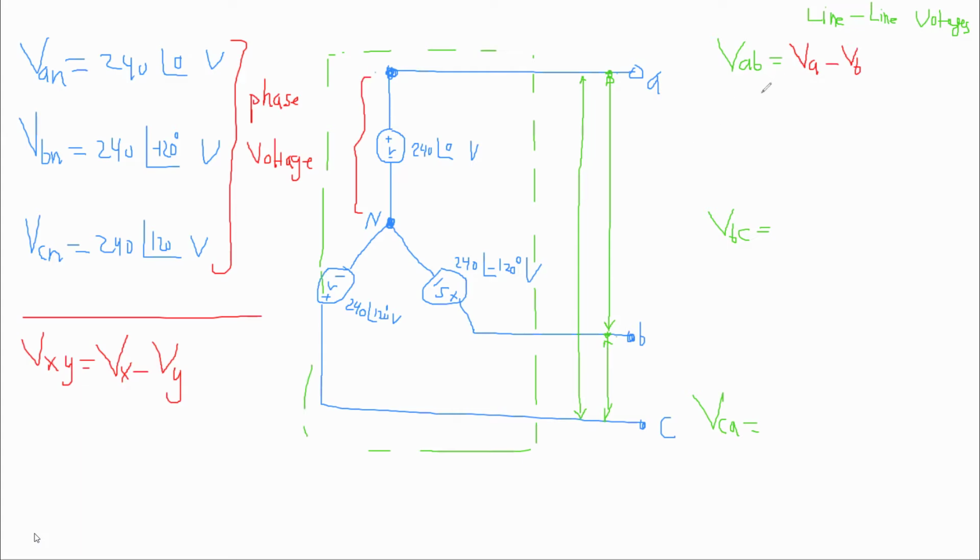What is the voltage at A? In this example, it's 240 angle 0, minus 240 angle minus 120, the voltage at B. What is the answer here?